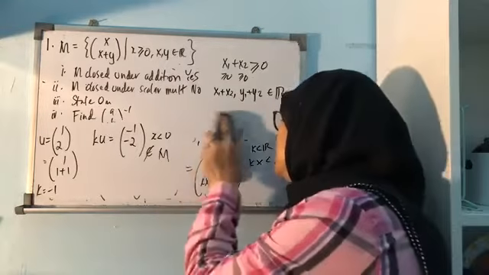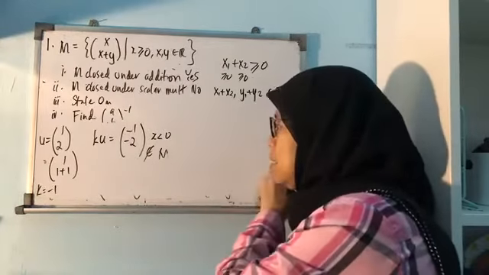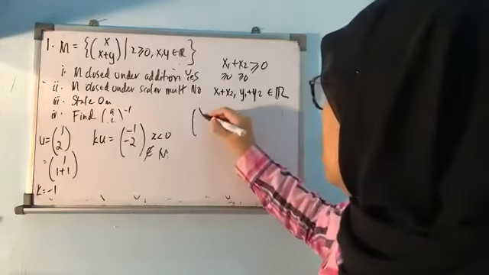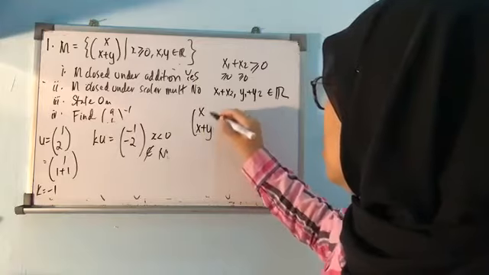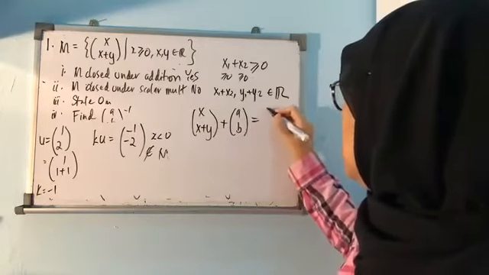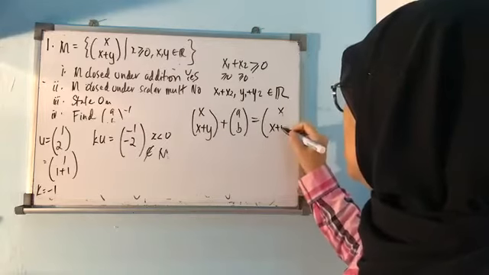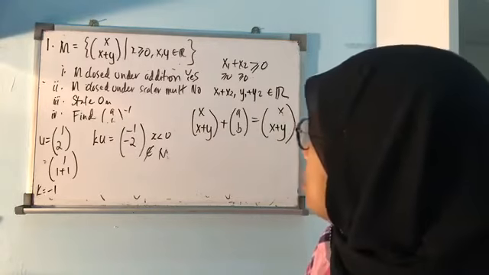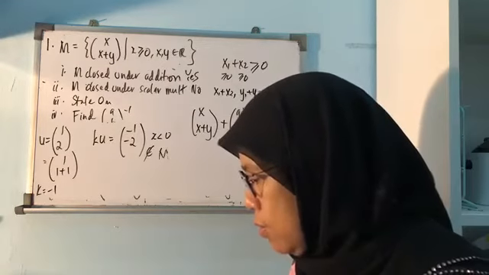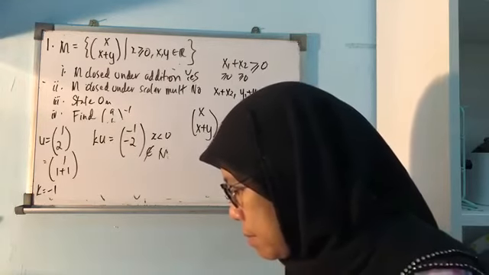Alright. Next. State the zero matrix. So (x, y) plus (a, b) equal (x, y). This is 0, right? If you add, you get it back.